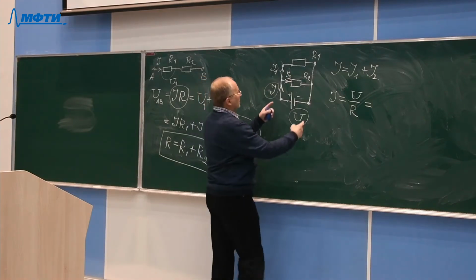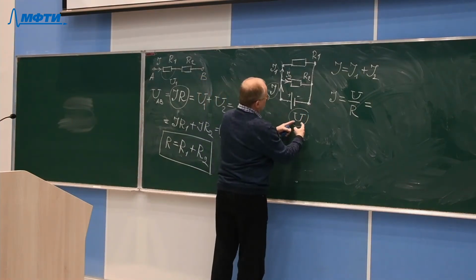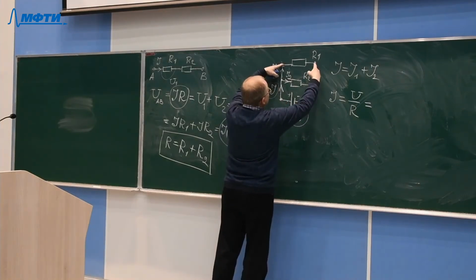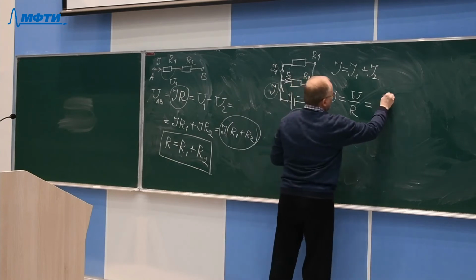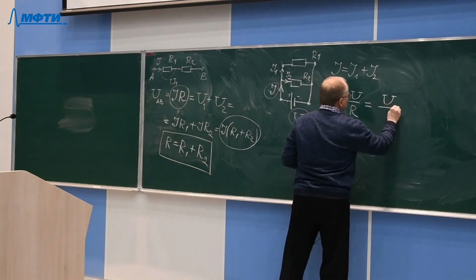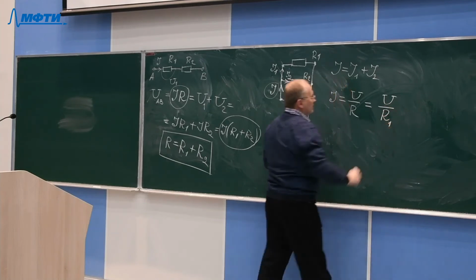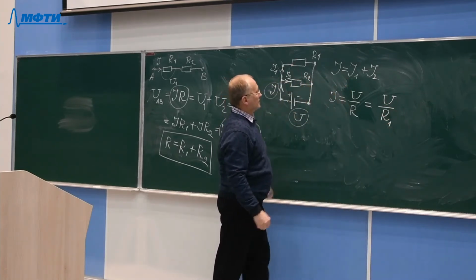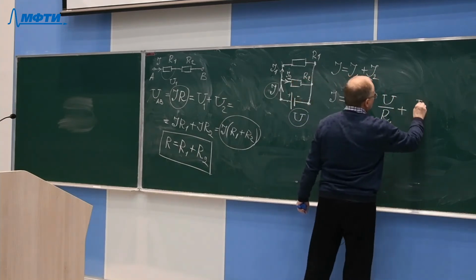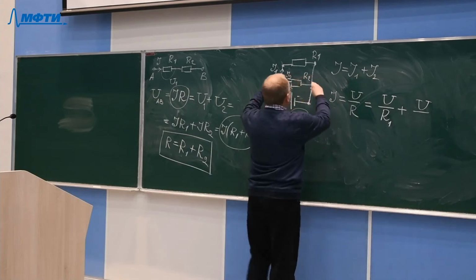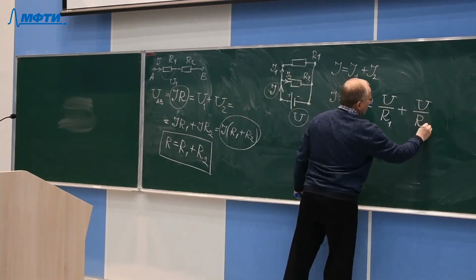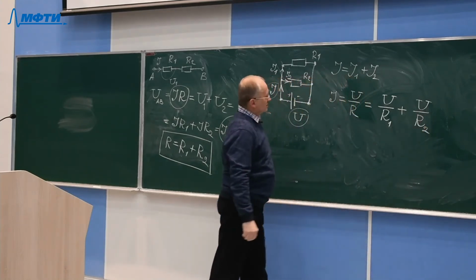It means that the voltage of the external battery is the same for the first resistance and for the second resistance. It means that the current through the first resistance will be the potential difference divided by the resistance R1, plus the current through the second resistance. That will be again U, the same potential difference between these 2 points, divided by the corresponding resistance.